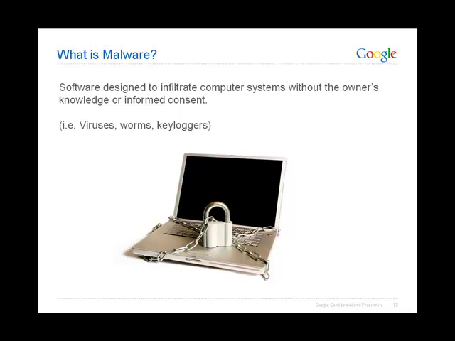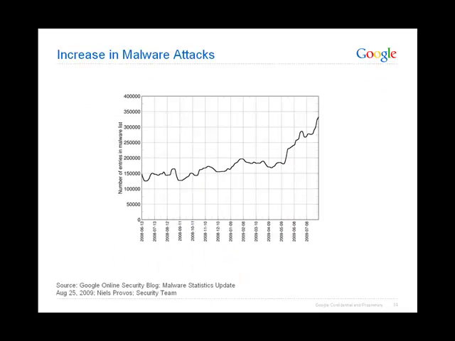Malware, like phishing attacks, is becoming more common. From June 2008 to July 2009, the number of malware attacks has doubled to just over 300,000 websites reported in search results per month.